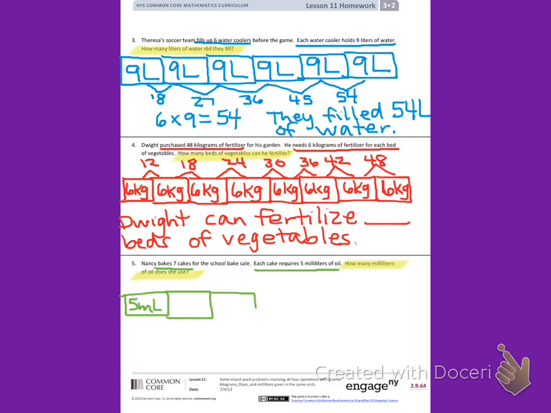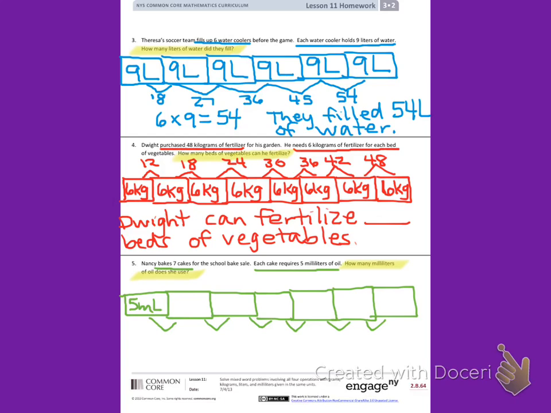1, 2, 3, 4, 5, 6, 7. Now you label each of these segments with 5 milliliters. Milliliters is abbreviated lowercase m, capital L. Then you finish this problem the same way we did number 3. You will add them together, continue adding them together, and writing down the number just like we did on number 3.